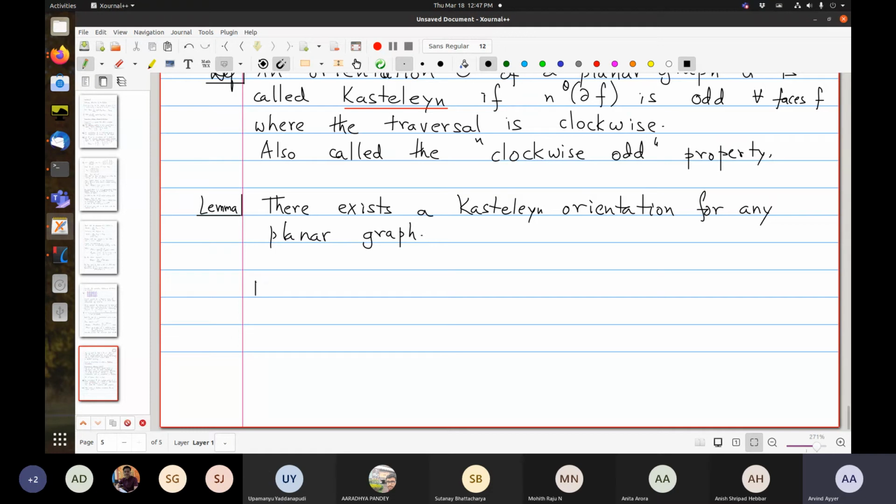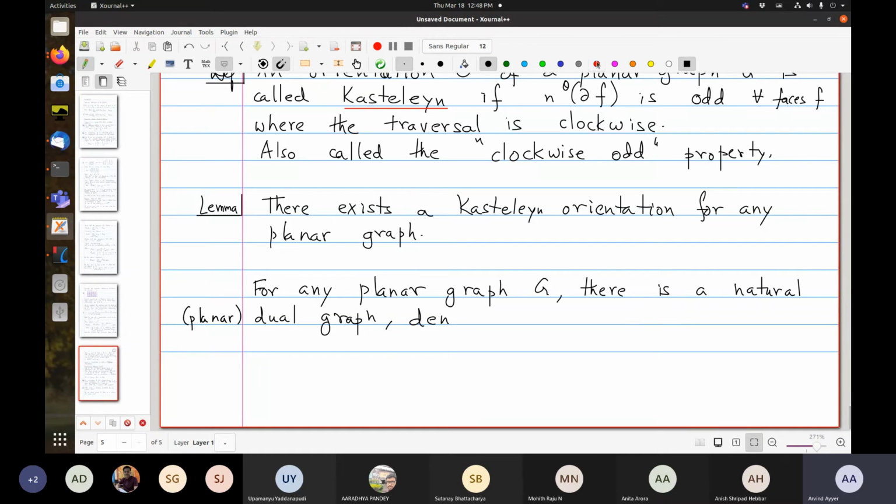So for any planar graph G, there is a natural dual graph, denoted G star, constructed as follows.